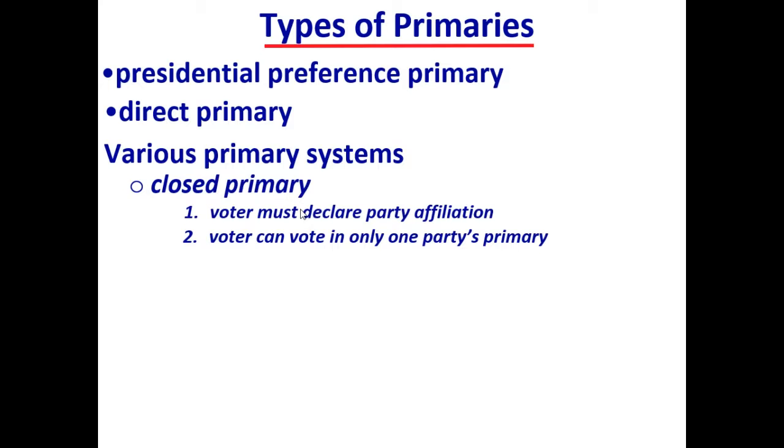The direct primary is a process that's about 100 years old. I think the first direct primary in the United States was held in Wisconsin in 1914, a little over 100 years ago. And it was part of the progressive reform movement.